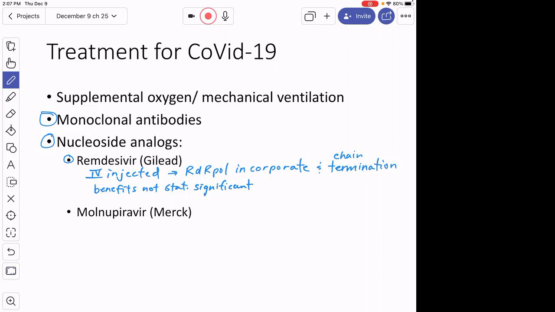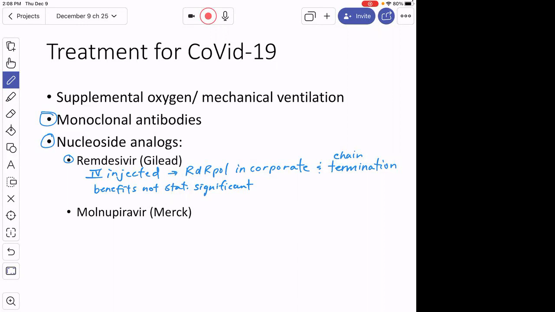When it's incorporated by that RNA-dependent RNA polymerase into new messenger RNA strands, it doesn't terminate the chain, but when that new chain is used as a template to make more messenger RNA, it doesn't match up the bases correctly. So basically, you get many mutations building up and what they call error catastrophe.